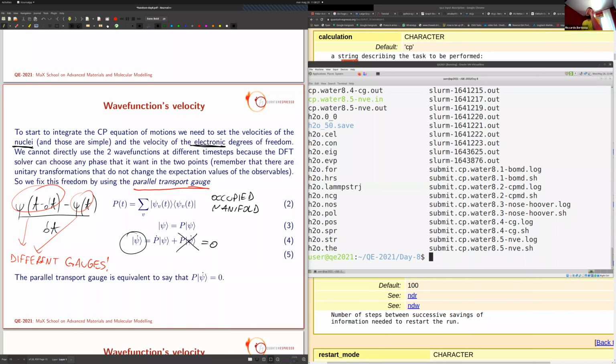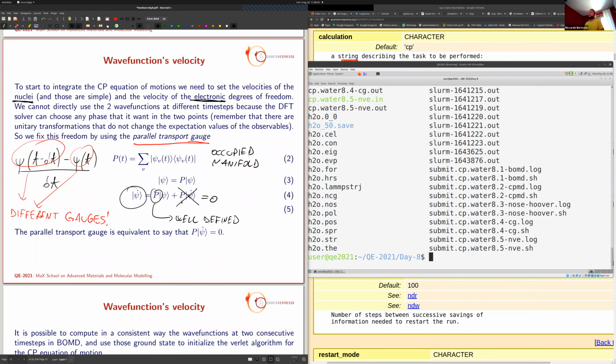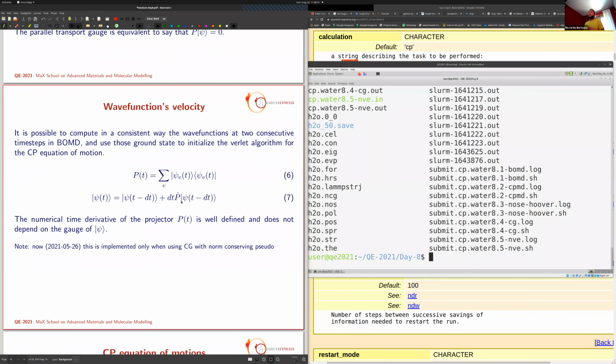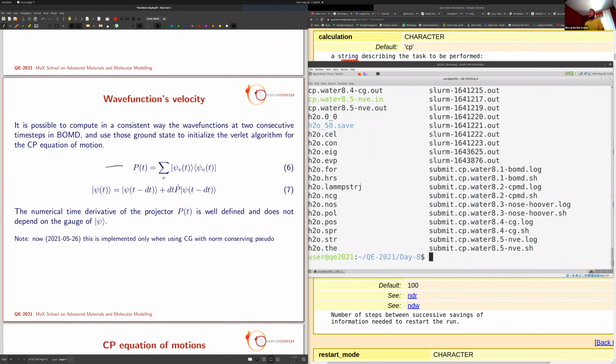In this way, we are able to compute this, because this object is well defined also if I use the finite difference method to compute the derivative. That means it does not depend on the gauge that the minimizer, the conjugate gradient, chose to compute the ground state. So we compute this and differentiate it numerically, and we use it to compute a new state at time t, using the previous step at time t minus dt and this object.